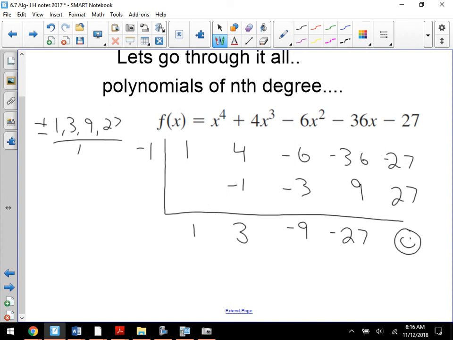I found a 0. I have a 0 now at -1. If -1 is my 0, I have a term of x plus 1.